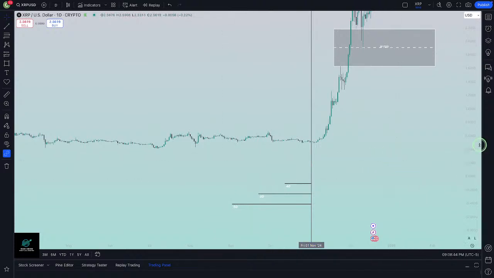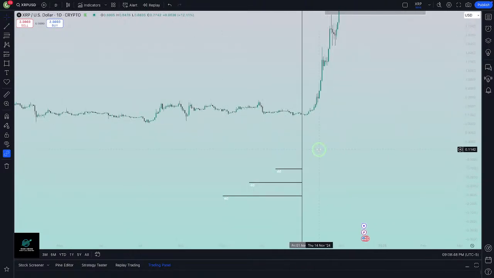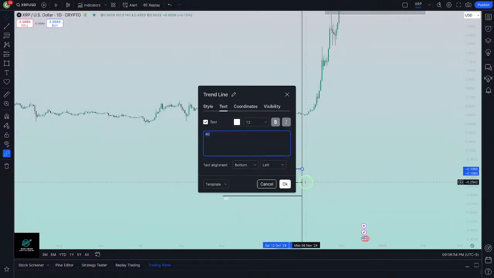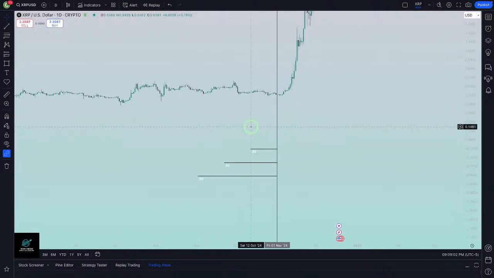Y'all see that? So everything to the left of this vertical trend line, I'm looking back 60 trading days, 40 trading days, and 20 trading days. And then after I look back 60, 40, and 20 trading days, I'm going to forecast forward 20, 40, 60 trading days.